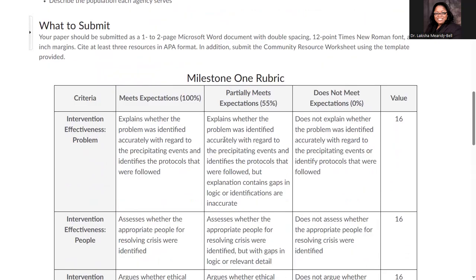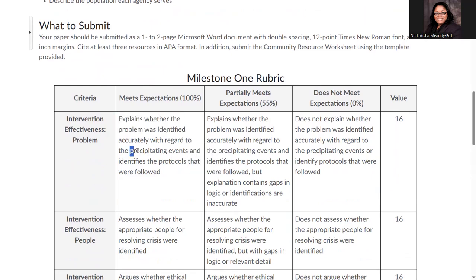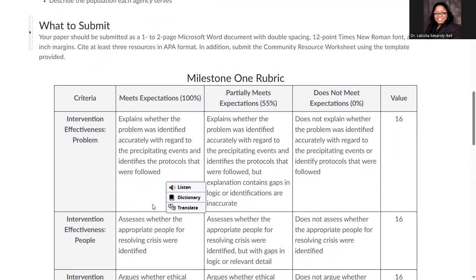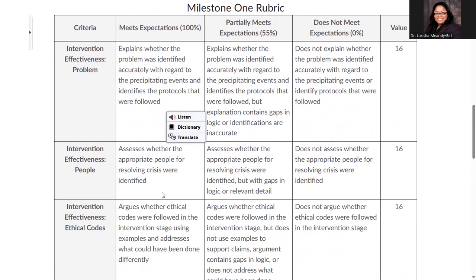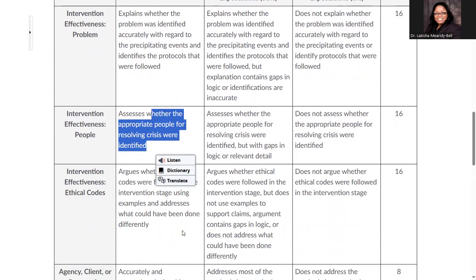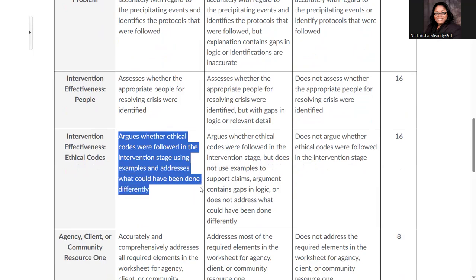Make sure that you keep in mind your rubric. So if you want to excel, make sure you clearly explain how the problem was identified in regards to the precipitating events, making sure you validate that with citations from course text readings or secondary resources. And that was for part 1. Assess whether it's appropriate based on the National Organization for Human Services. Also, make sure that the intervention was effective, utilizing those ethical codes.